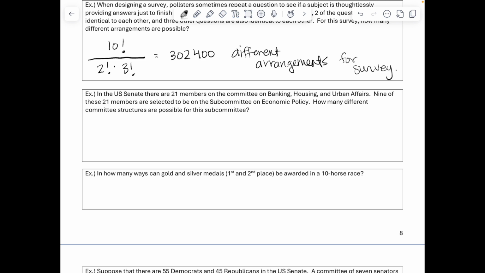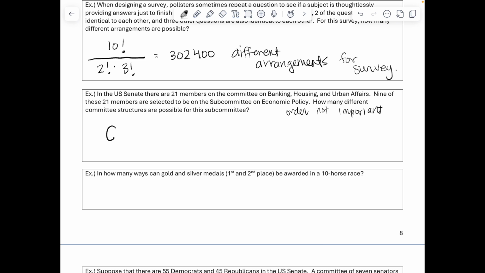So the first thing you need to ask yourself is, does order matter? And for a committee, it doesn't matter if you're selected first or if you're selected last, you're still part of that committee. So order, not important. And since order is not important, we know that we are using combinations. So I'm going to go ahead and put a giant C there for combinations.